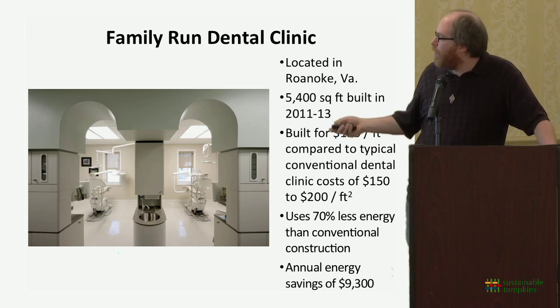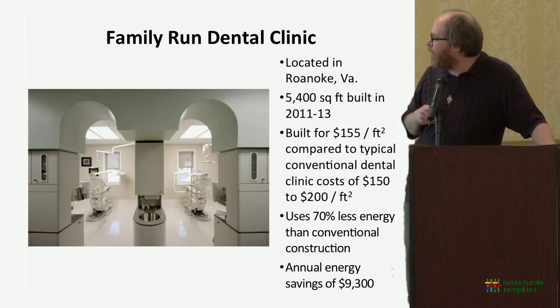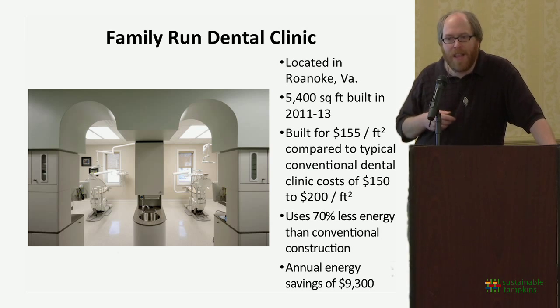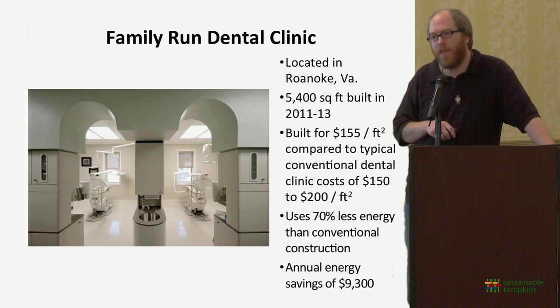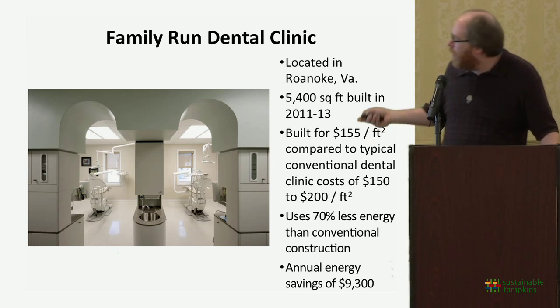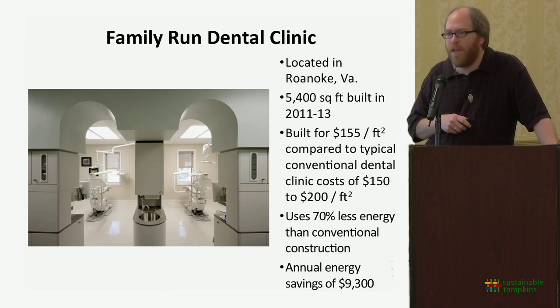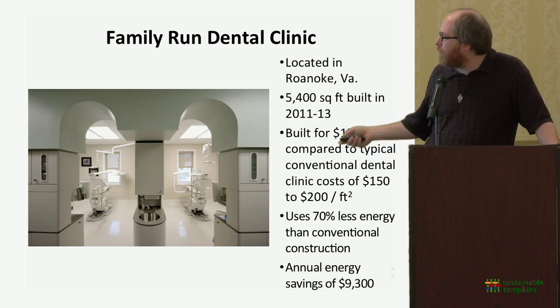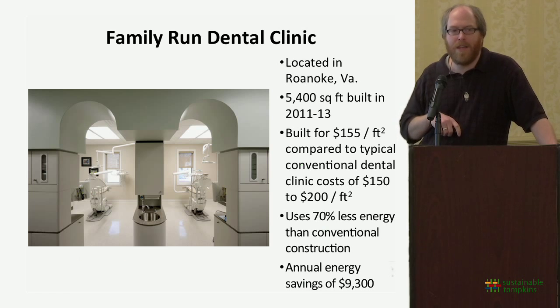So this is your normal fancy dental office, kind of reminds me of the Enterprise there. And it was built for $155 a square foot, so at the very low end of what their typical building costs were. It uses 70% less energy than a conventional dental office, and it does that in large part through neat in-floor cooling, a hydronic cooling system right around the dental chair.